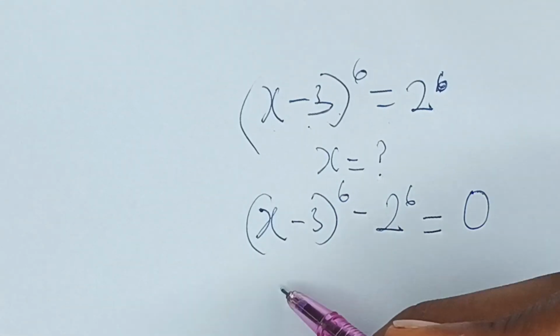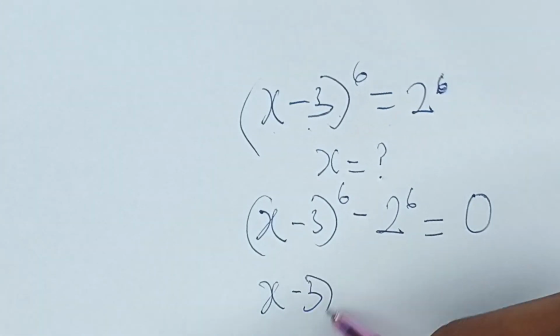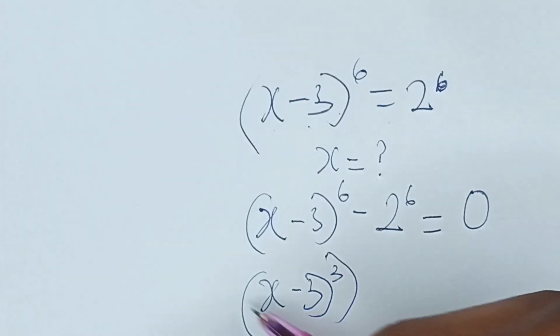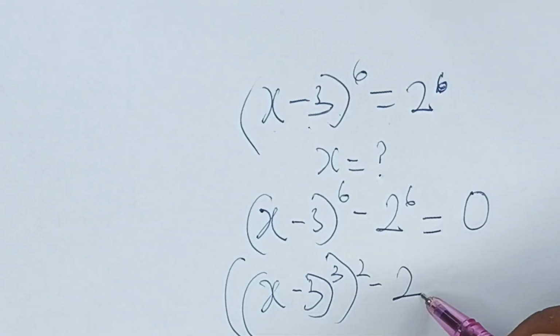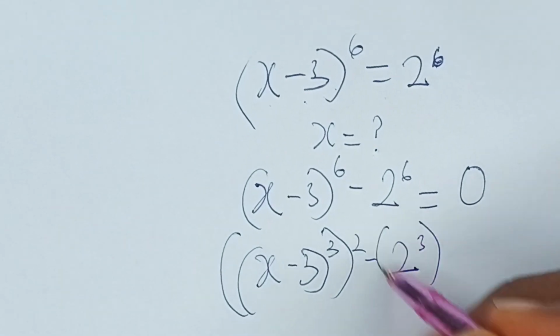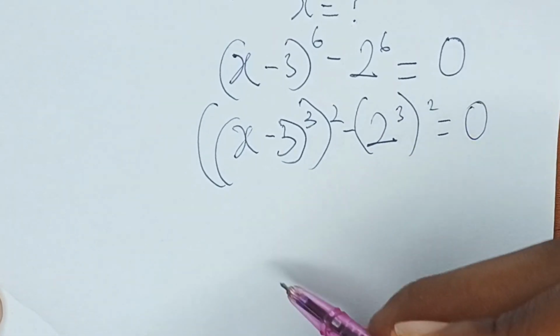The next step is to say that ((x − 3)^3)^2 − (2^3)^2 = 0. From here, we have a difference of two squares. So we say (x − 3)^3 − 2^3 multiplied by (x − 3)^3 + 2^3 is equal to 0.